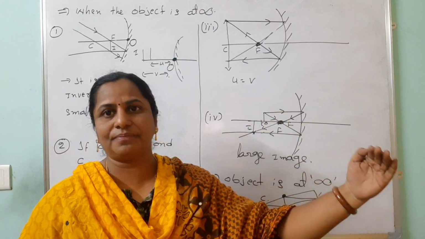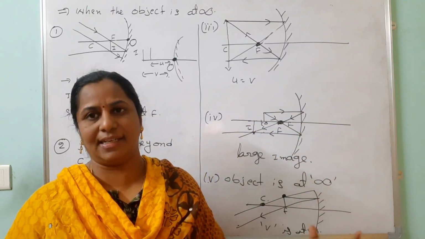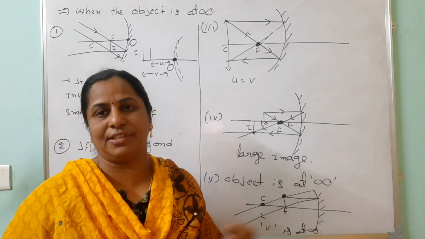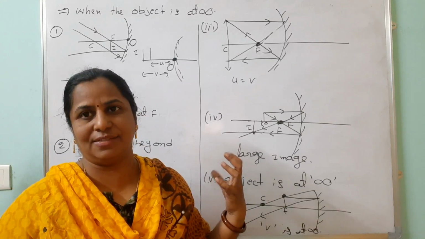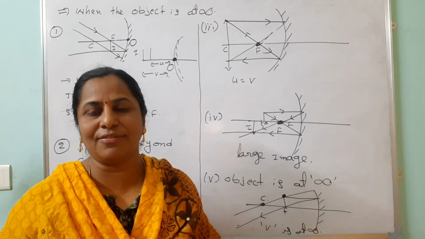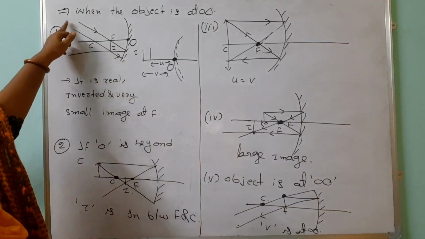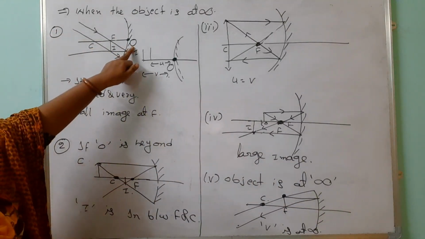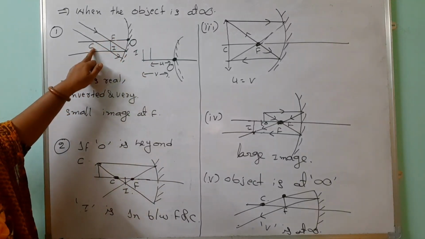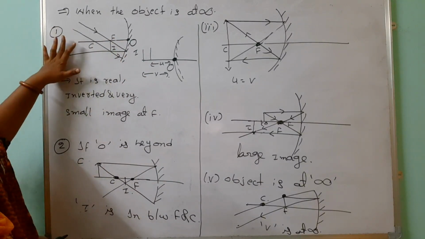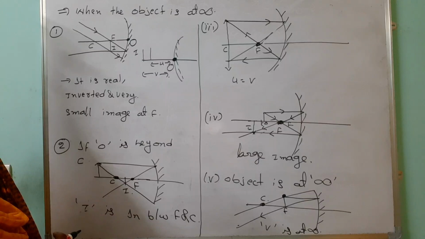If distances are along the incident rays, you take positive, and opposite to the incident rays we take negative. What is the meaning of that? Suppose, look here, first case: this is the optic center, this is the focal length, and this is the center of curvature. In this case, we are placing the object at infinity.